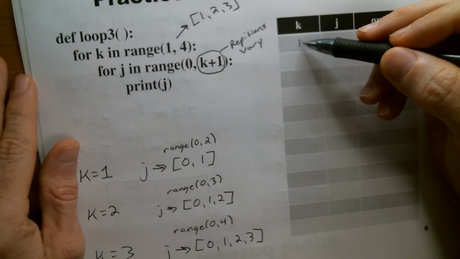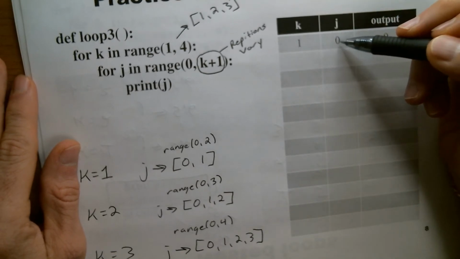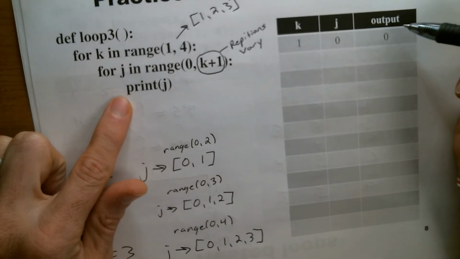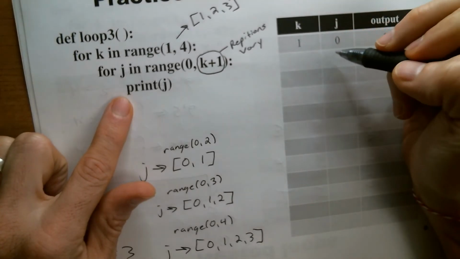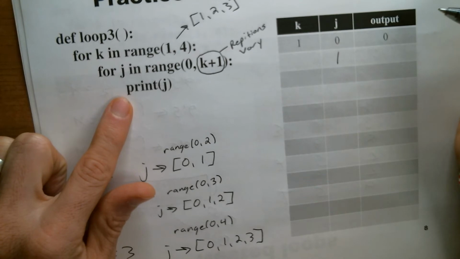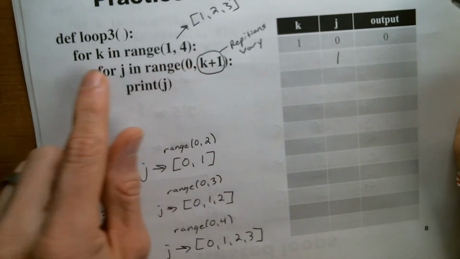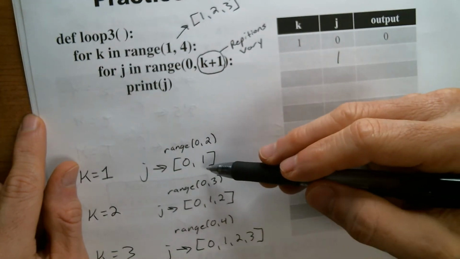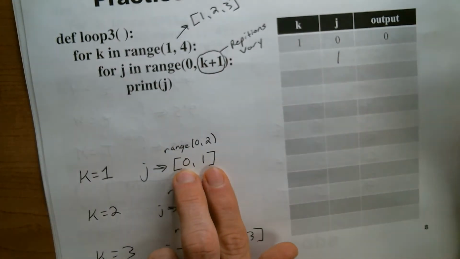All right, so K is 0, J is 0, and we're printing out J, so our output is 0. Next, J is going to go to 1. Because remember, our initial one was 1 plus 1, so our range was 0 to 2, so we're going to get 0 and 1. So now J goes up to 1, and we print out a 1.